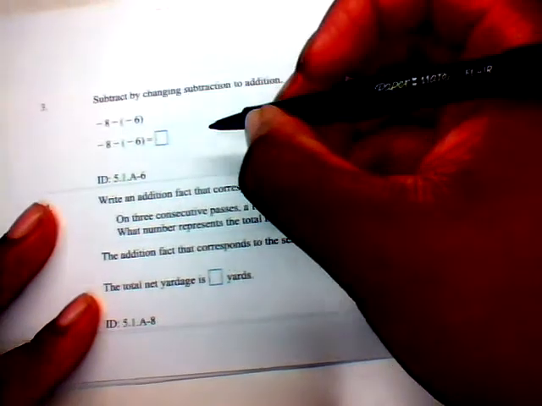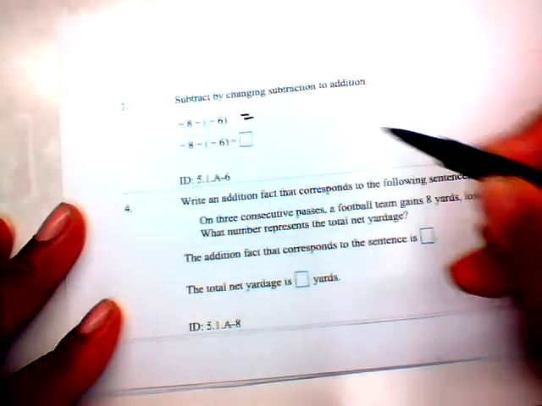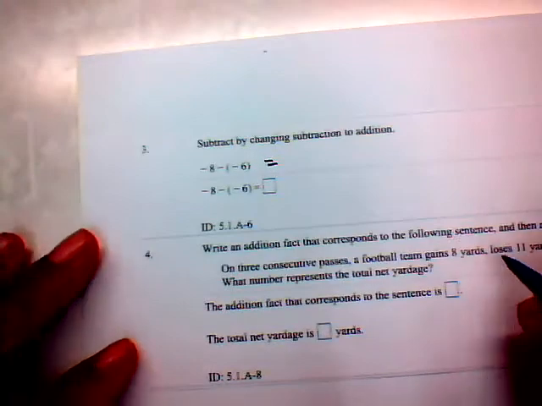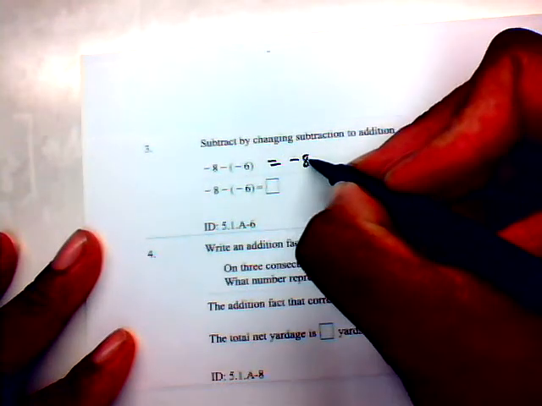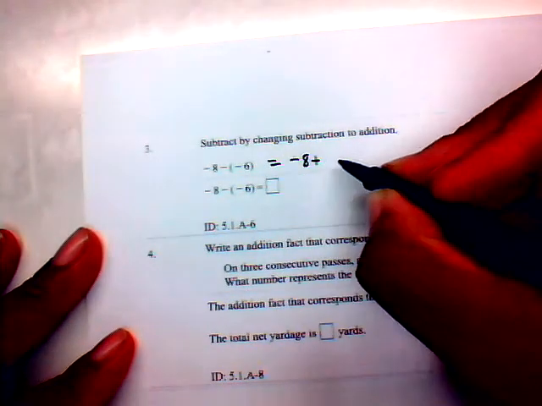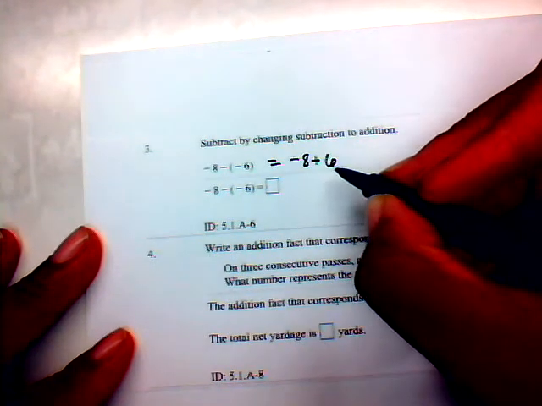In this case, negative 8 minus negative 6. We're subtracting negative 6, and that's the same as adding the opposite of negative 6, which is simply 6. So now you've got negative 8 plus 6.